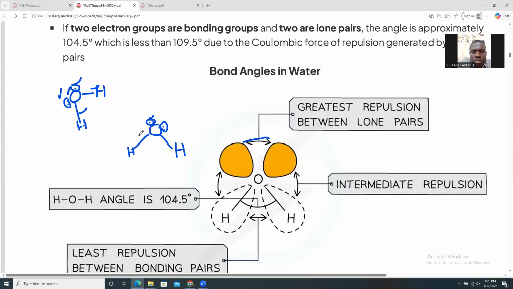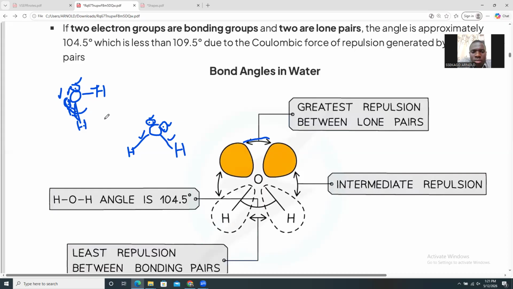You see that these lone pairs are far away from this bond, and also from that bond. If they are close, they will repel each other, because the bond consists of electrons and the lone pair also has electrons, and electrons repel each other. So we reduce on that distance and the repulsion is minimized.